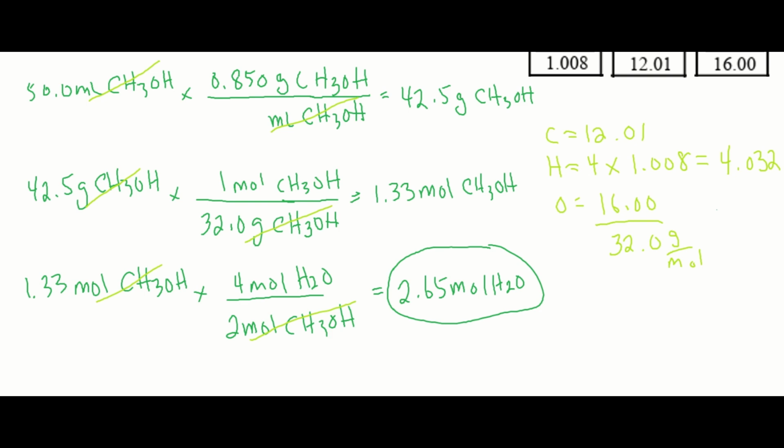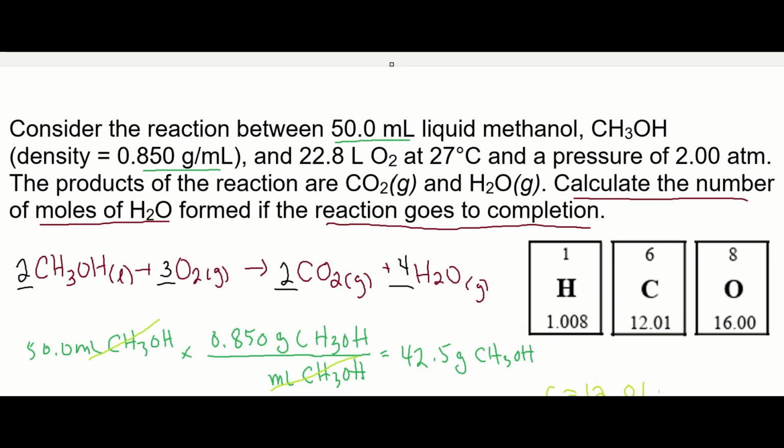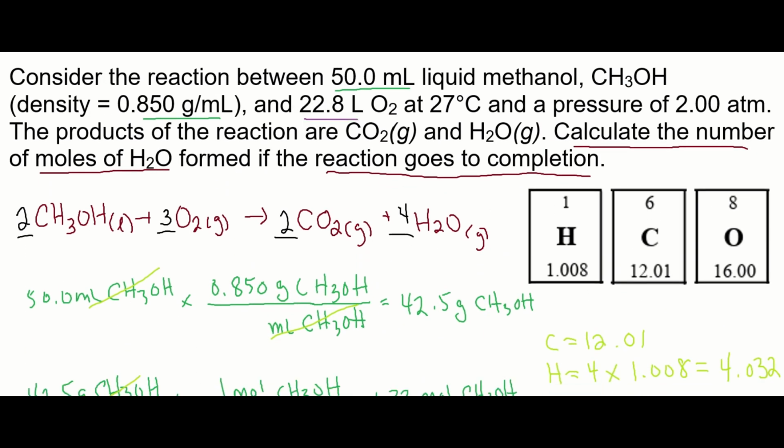Now let's see how much water we can make using the other reactant. Now the other reactant we're given is volume of a gas. Now you might be tempted to use the molar volume, but the molar volume only works under standard temperature and pressure. And we don't have standard temperature nor standard pressure.